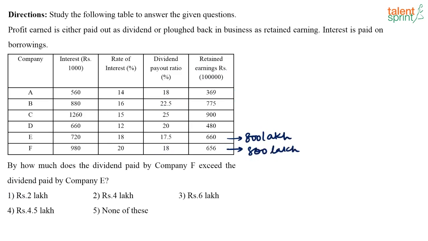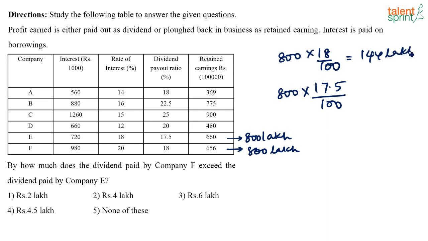So this is 800 lakhs, the total profit of company E, and 800 lakhs total profit of company F. Now, what is the dividend that is being paid by company F? Out of this 800 lakh, company F pays 18% as dividend. If you look at company E, out of this 800 lakh, 17.5% is paid as dividend. So this is equal to 144 lakhs that is paid as the dividend.